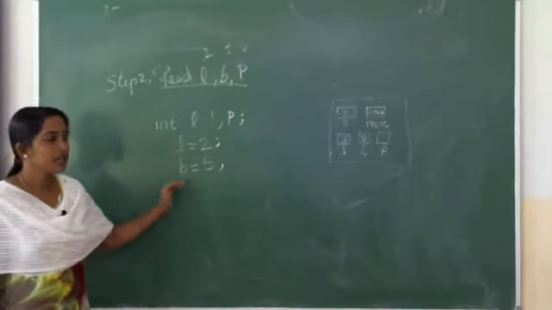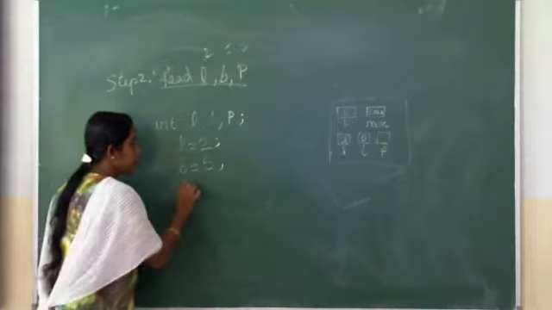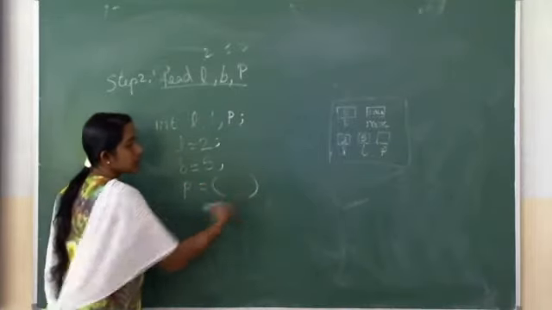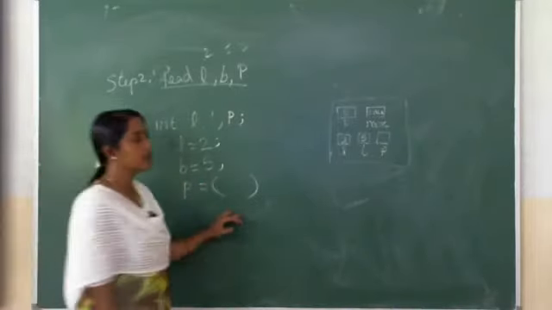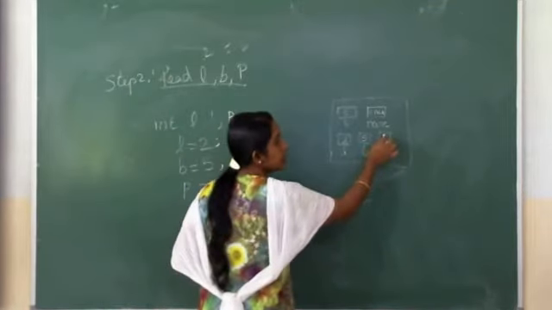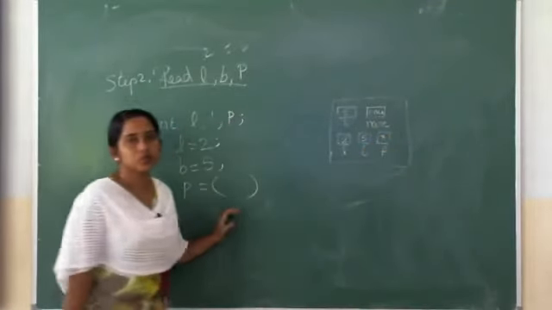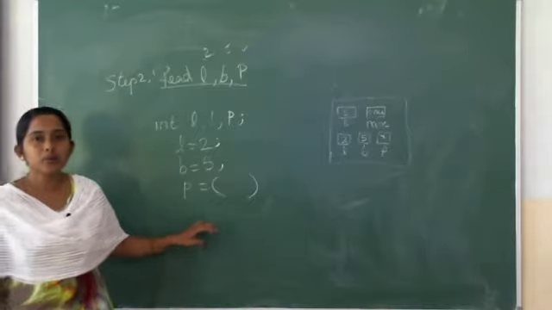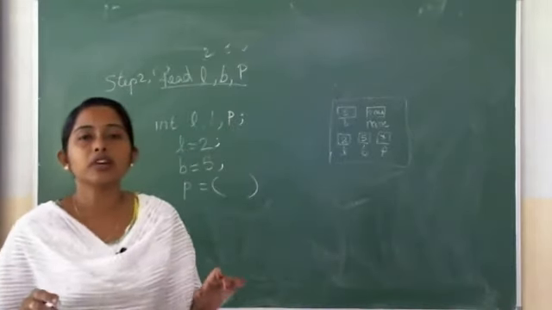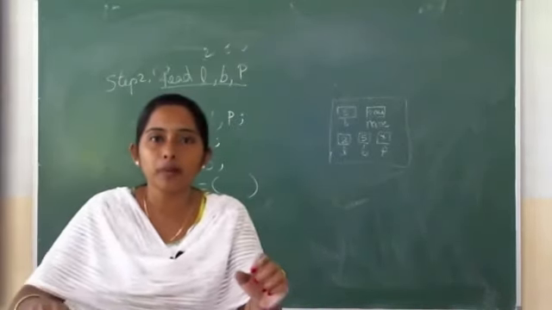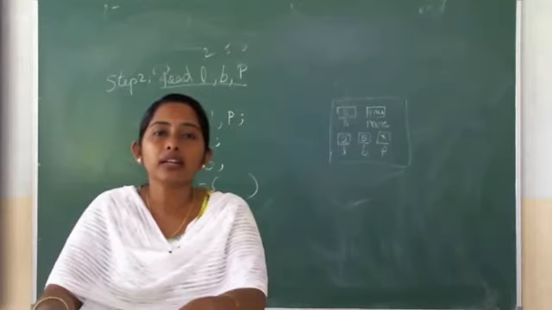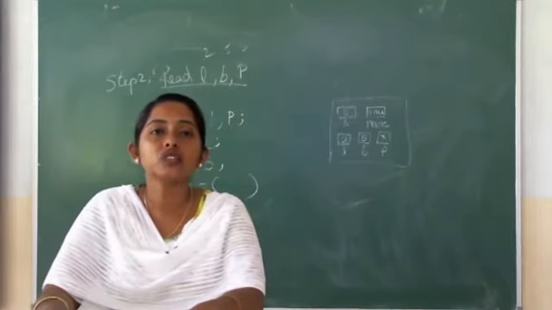After that, if you find out the result P, that particular result will be stored in this memory location. Here it will be stored. Got it? So this is the process you have to write when you start writing a program. Hope you all are clear how to declare a variable in a Java program.